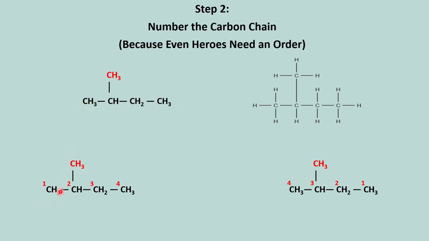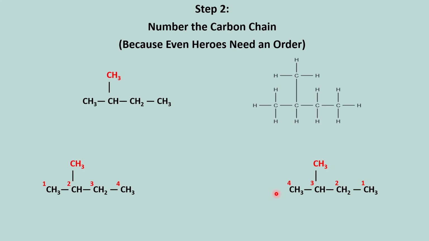This is our longest continuous chain, and this is the substituent. You can number the carbons 1, 2, 3, 4 from left to right, or 1, 2, 3, 4 from right to left.